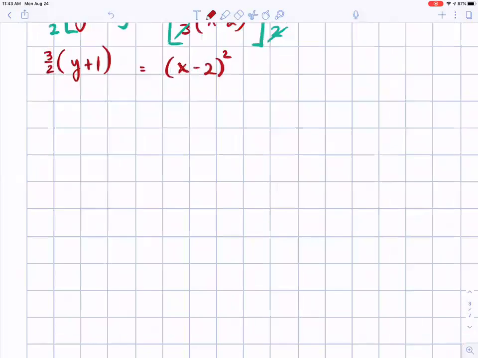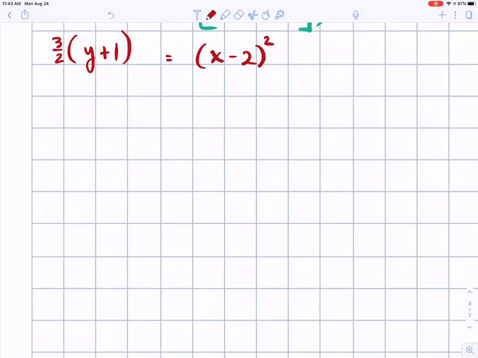Okay. So let's plug in 0 for x. Okay, so my y-intercept will be 3/2 times y plus 1 is equal to, when you plug in a 0 for x, what are you going to have on the right side of your equation? Say it again. I just couldn't hear you. 4.